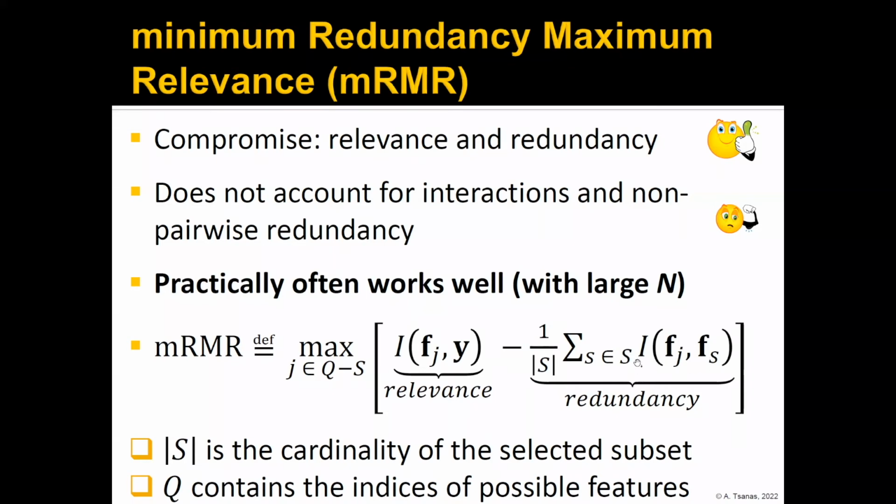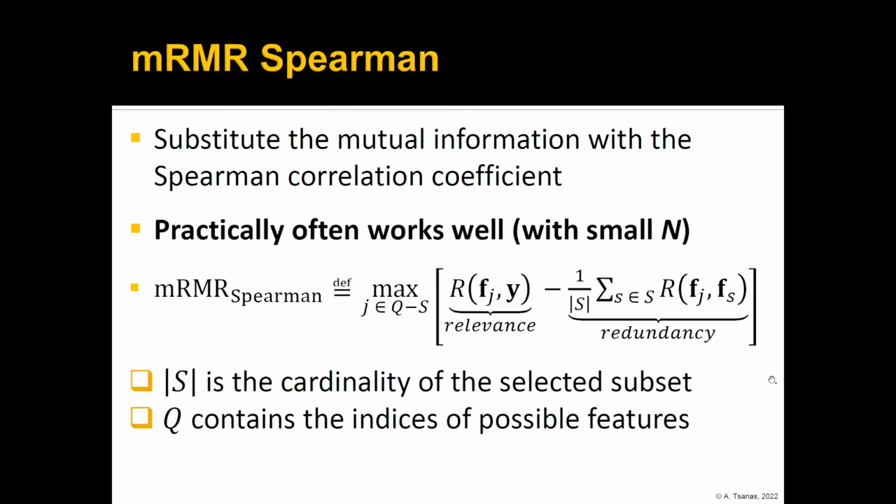So you find the mutual information between a candidate feature and something in the already selected subset, and you take the average of that, which is defined to be the redundancy. Now, this algorithm practically works very well, particularly if you have a large number of samples. You will see that it doesn't say anything about complementarity. So even theoretically, this is quite limited, but it is indeed one of the most successful algorithms in the literature.